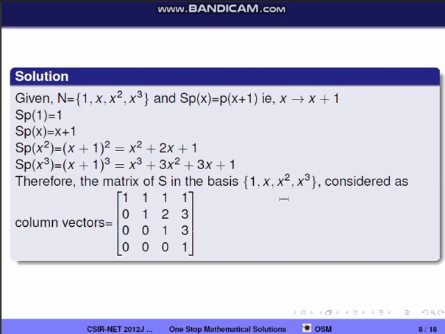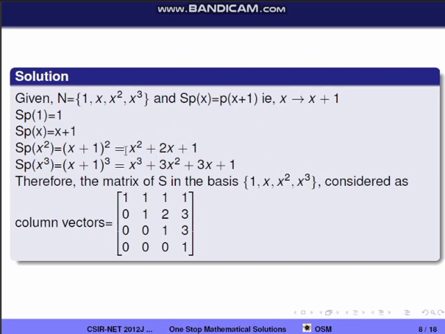When we write 1 with respect to this basis, all the coefficients of x, x square and x cube will be 0. So the column is 1, 0, 0, 0. And x plus 1 in terms of this basis gives 1, 1, 0, 0, written as a column. S(x square) is x square plus 2x plus 1, so the coefficients are 1, 2, 1, 0.